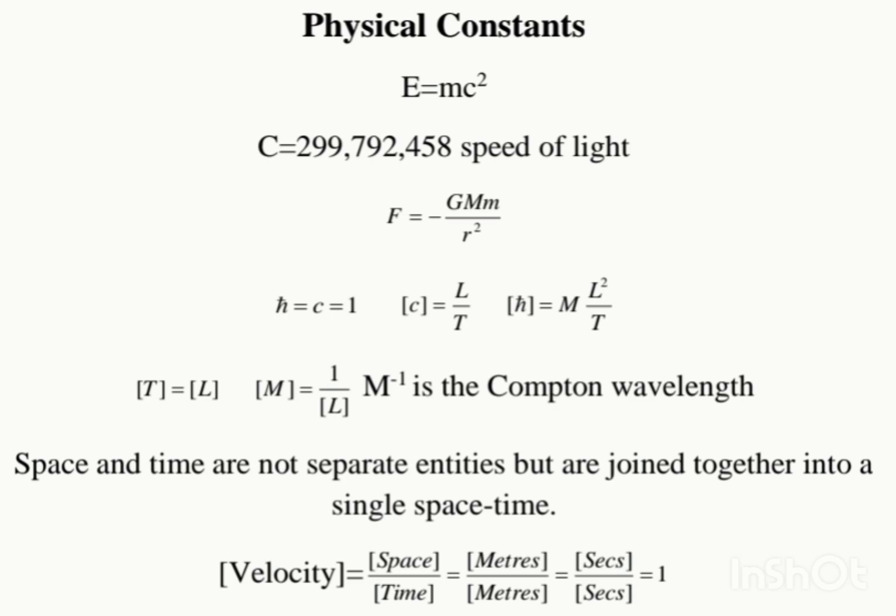Theoretical physicists often set Planck's constant and the speed of light equal to unity, that is ħ = c = 1. The mass dimensions of these constants are: dimension of c is L/T, dimension of ħ is mL²/T.